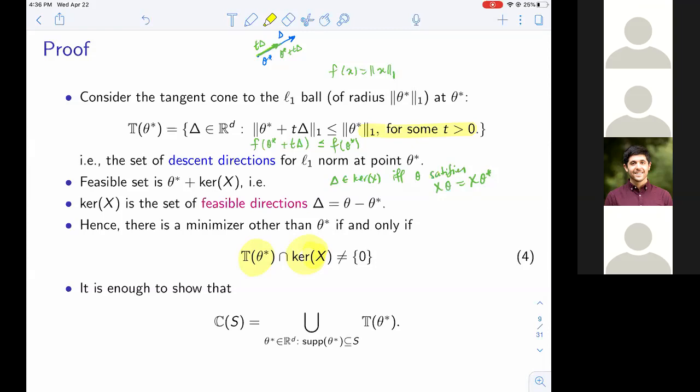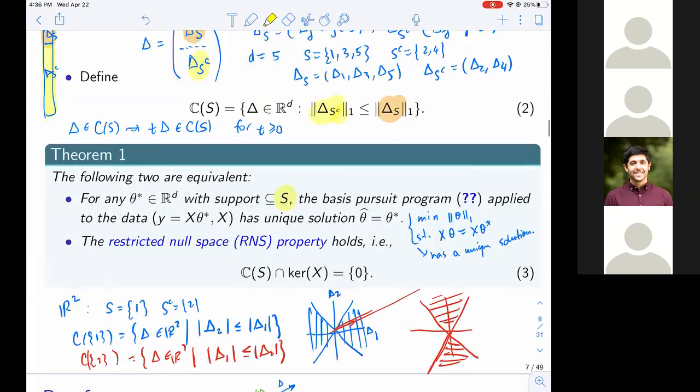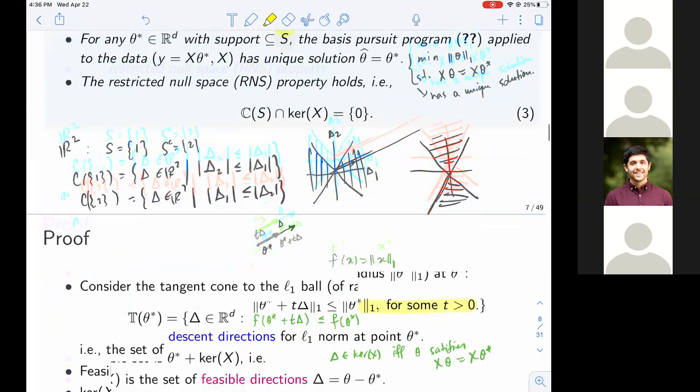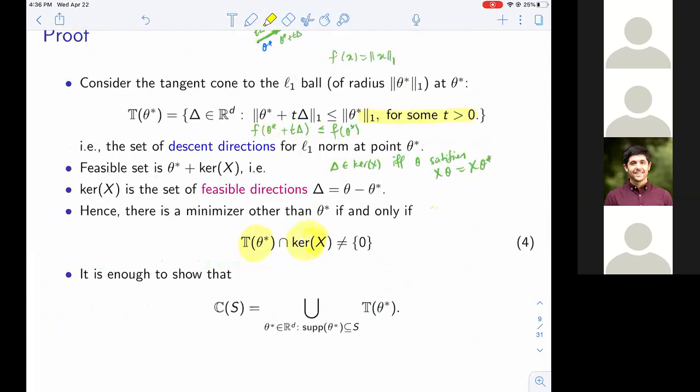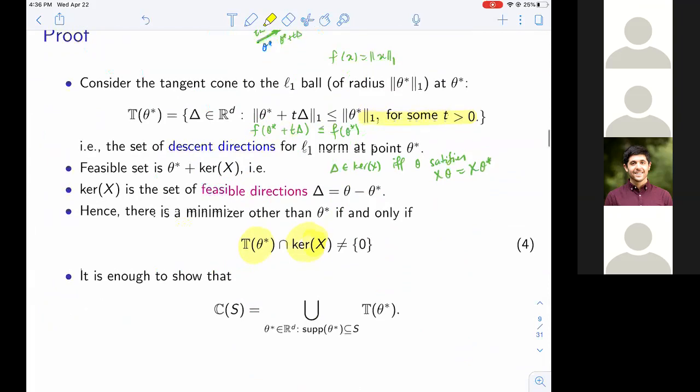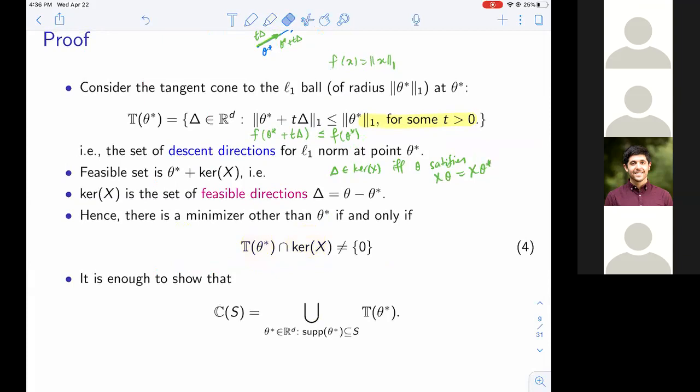So the first condition, that there exists a unique solution to that L1 minimization problem, which is equal to theta star, is equivalent to that intersection being empty, okay? Or the opposite of it is equivalent to what I have written here. So that statement fails if and only if this intersection is not empty, non-trivial, which means that it has something other than 0.